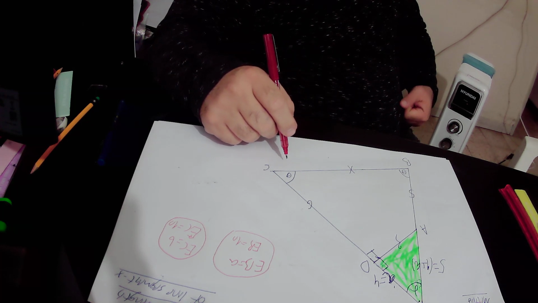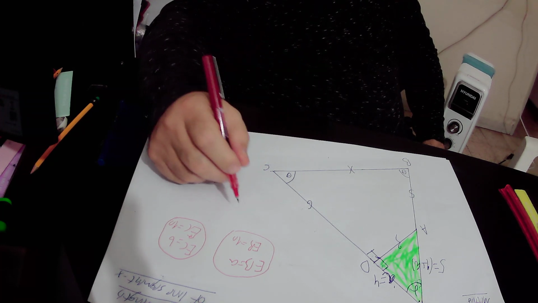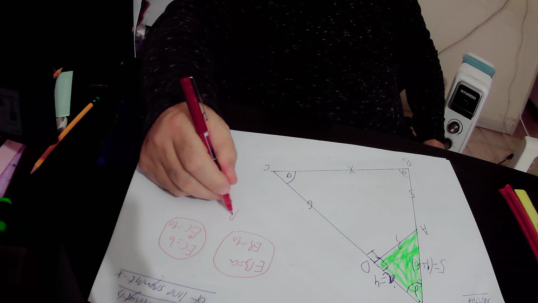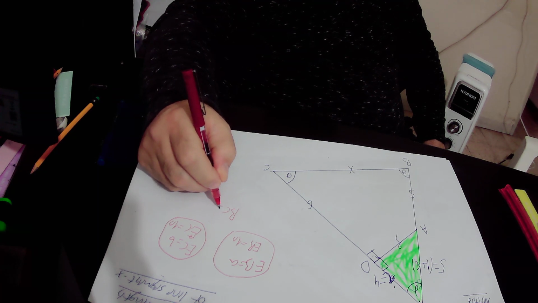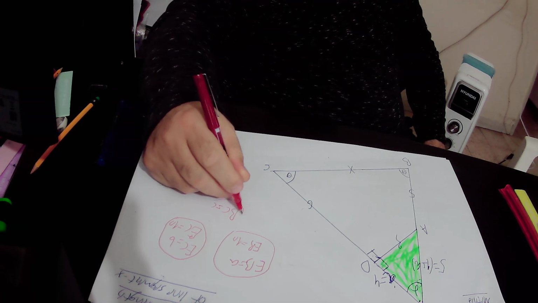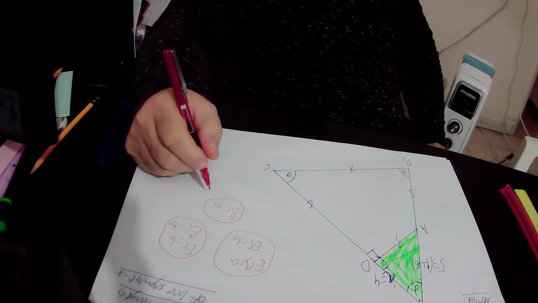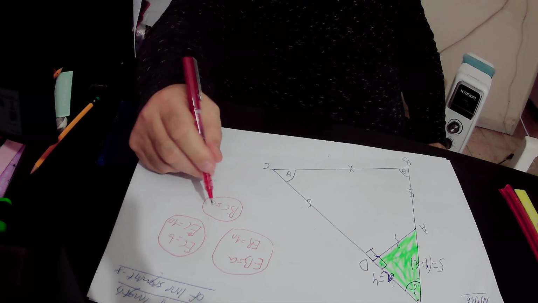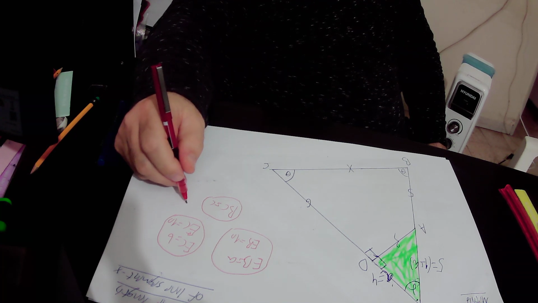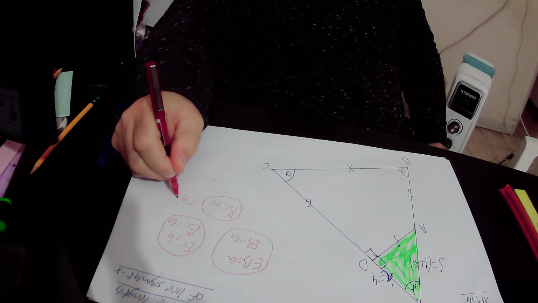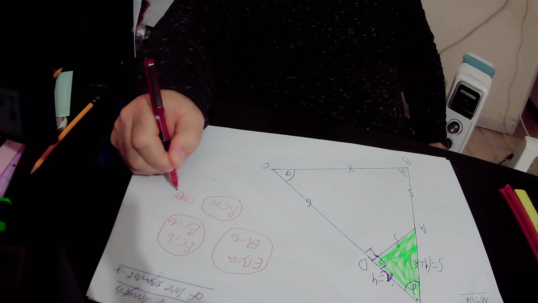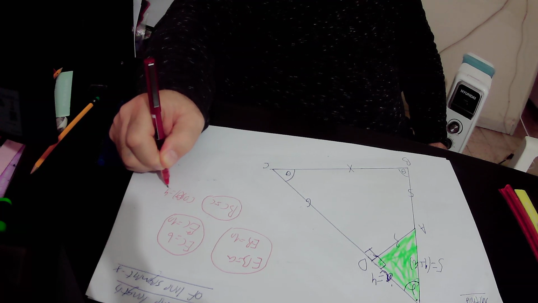BC equals C, and we already found out that cosine alpha equals 4 over 5.